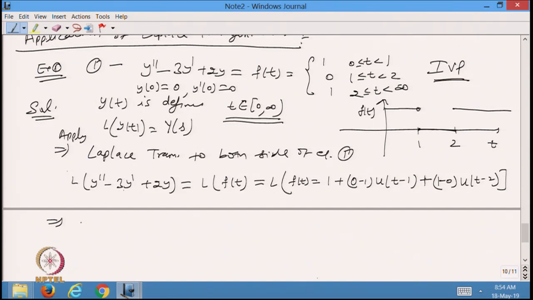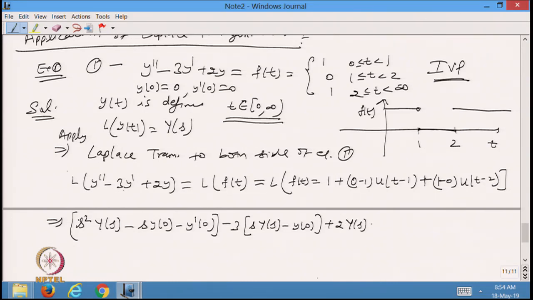So, from the left hand side I will get s square y s minus s y 0 minus y dash 0. So, this is my Laplace transformation of y double dash. Minus 3 and then the Laplace transformation of y dash, which will be s y s minus y 0, plus 2 times the Laplace transformation of y, that is already known to me, that is y s.